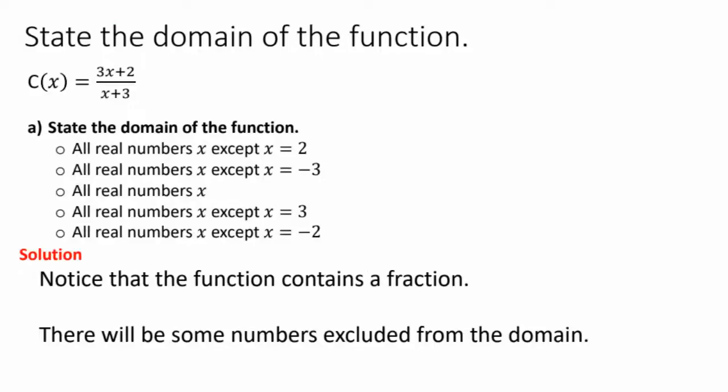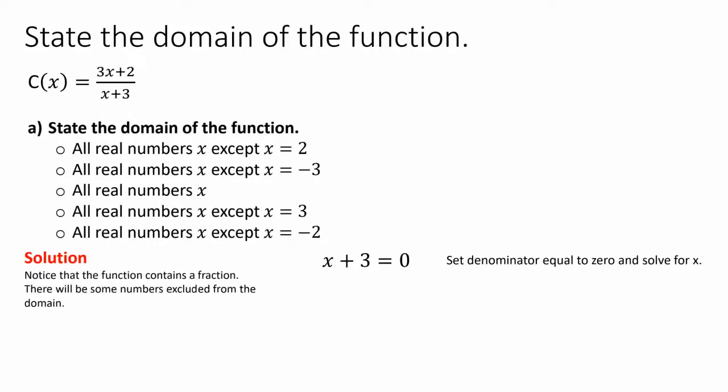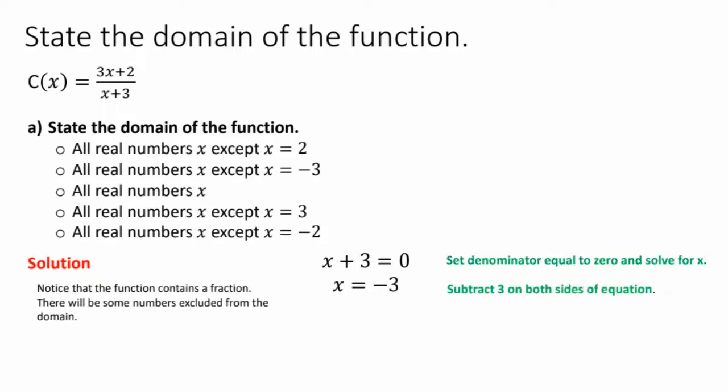Okay, so let's look at A. Again, to find the domain, let's set the denominator equal to 0. That's what's going to give us any restrictions. So when we set the denominator equal to 0, we have x plus 3 is equal to 0. We solve for x, x is equal to -3.